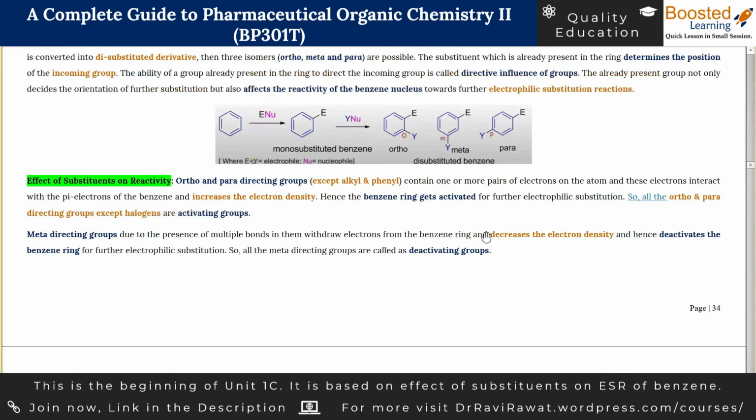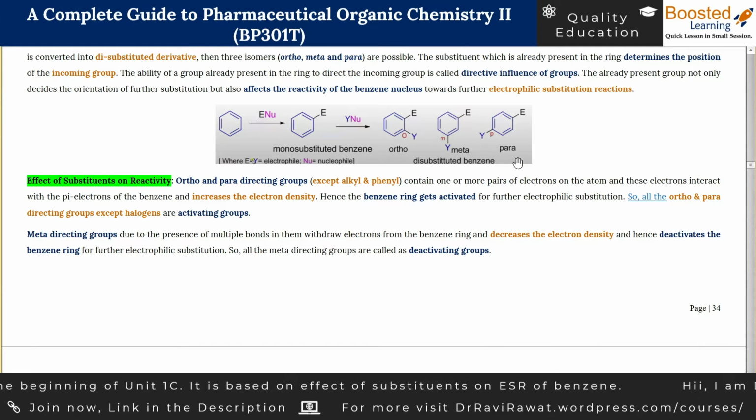Now one important thing for you to understand is that there is a relationship between orientation and reactivity. All the groups which direct the incoming electrophile to the ortho and para positions are activating groups. It means those groups which direct the incoming electrophile to ortho and para positions are always going to increase the rate of the reaction. That is why such groups are called activating groups.